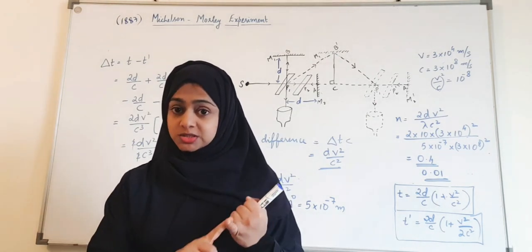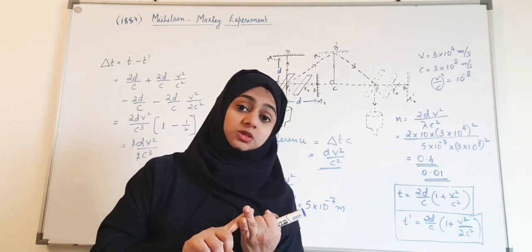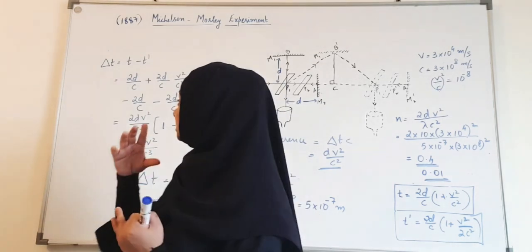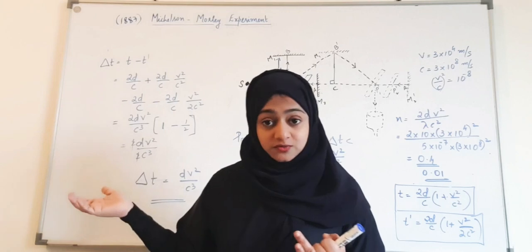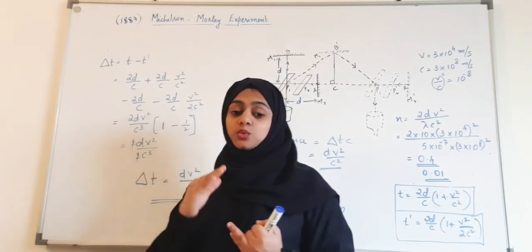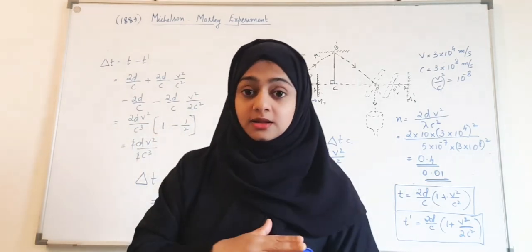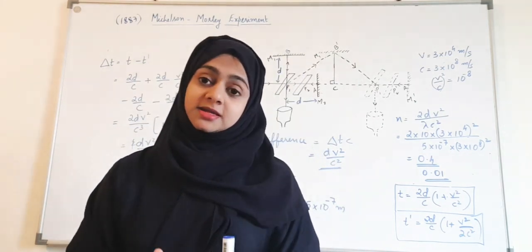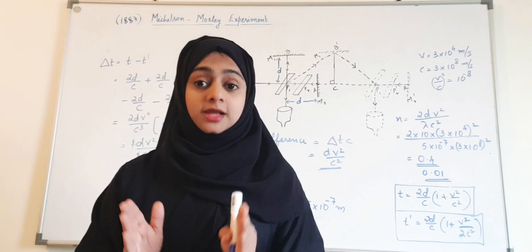That was the first consequence, and the second consequence was that we had considered light as having a relative velocity with respect to Earth, but it was then thought that light will not have a relative velocity.